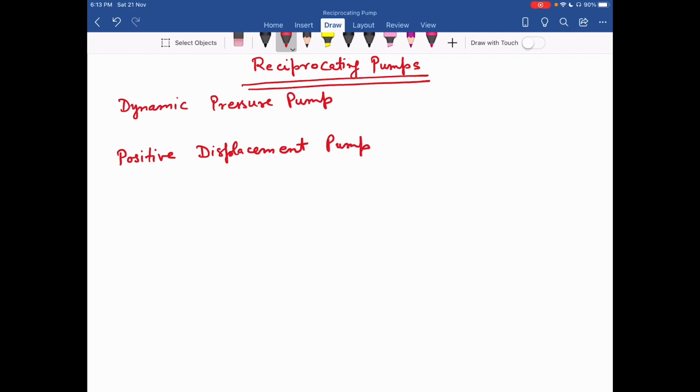The dynamic pressure pump is the centrifugal pump that we already discussed, and the positive displacement pump is our reciprocating pump.